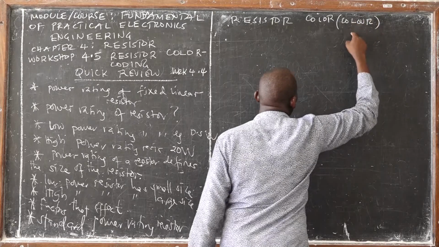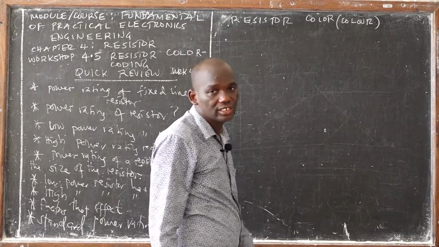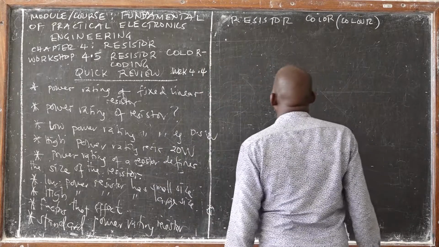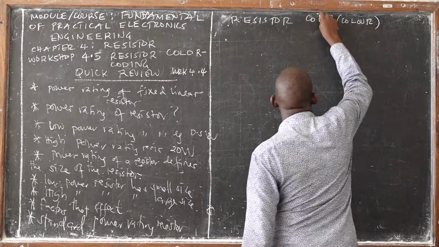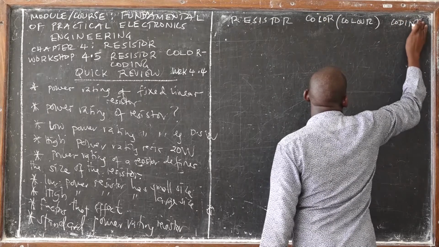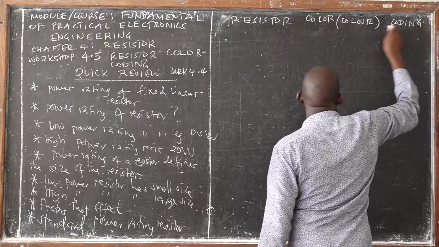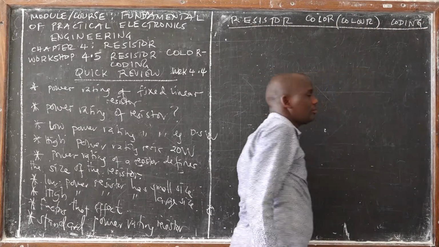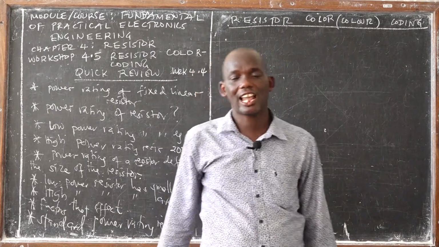This one is British English, this is American English, so it should not be confused. Resistor color coding. Say resistor color coding.